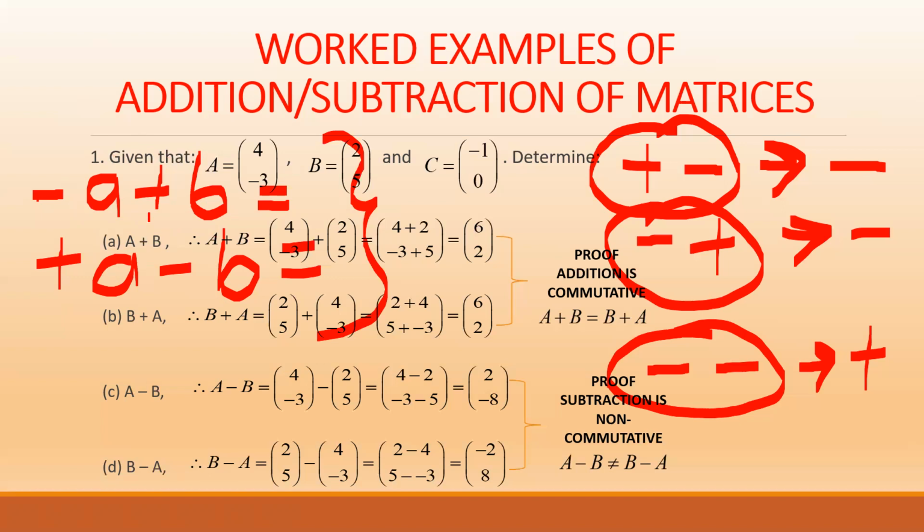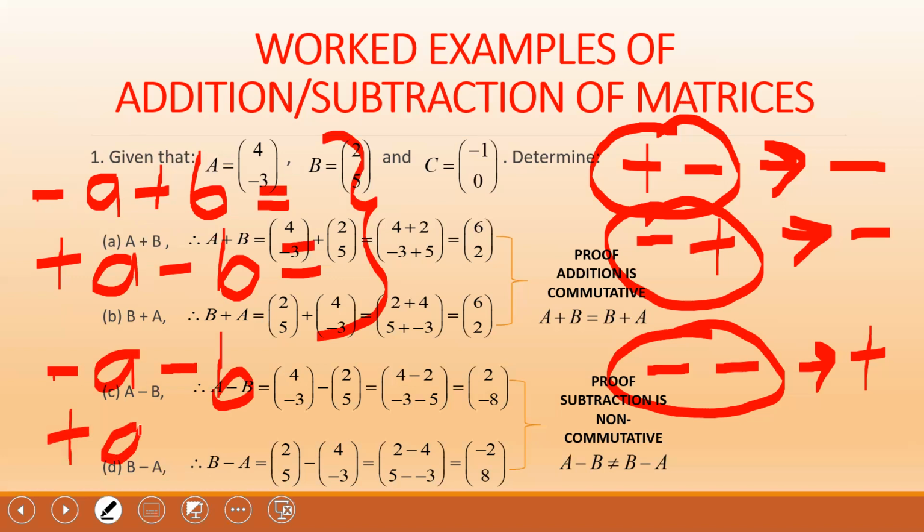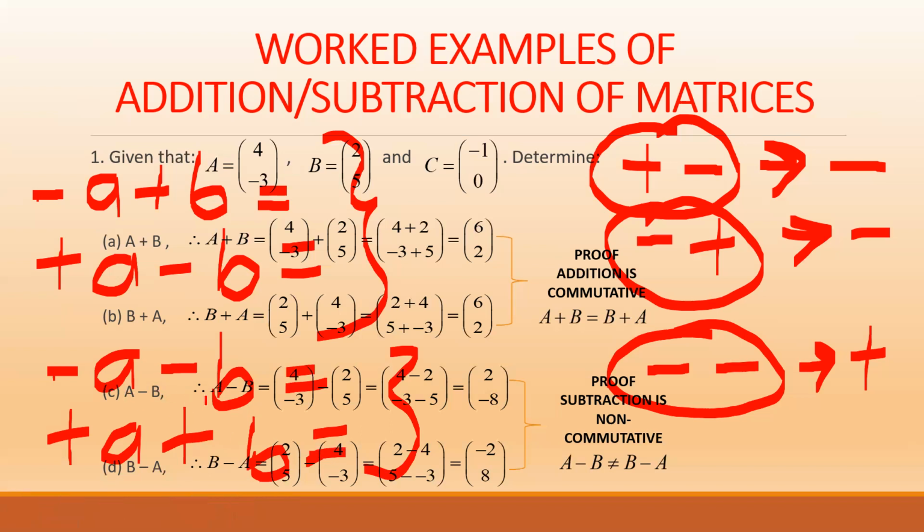Versus where you have, for example, negative A take B, or positive A plus B. When it looks like this, this is where you will add and keep the sign. You notice that in these problems down here the signs are the same. You have two negative signs and you have two positive signs.